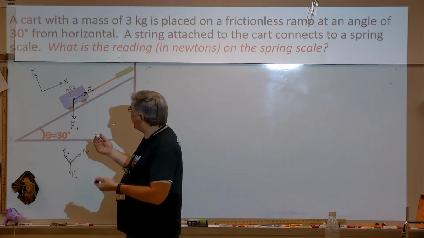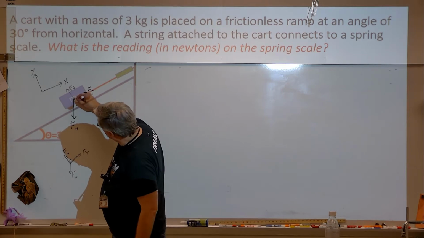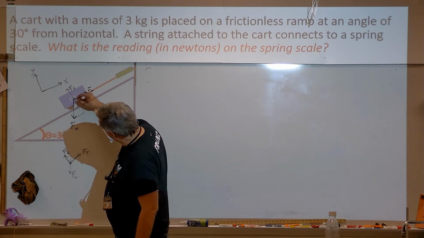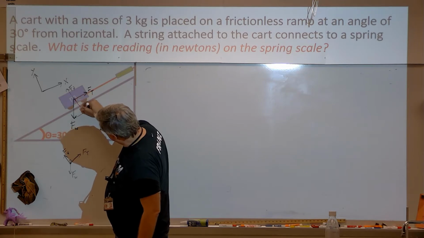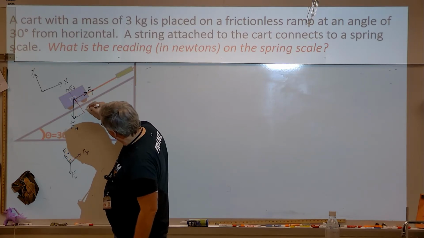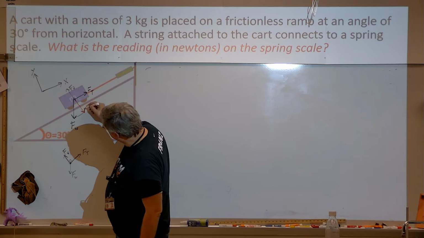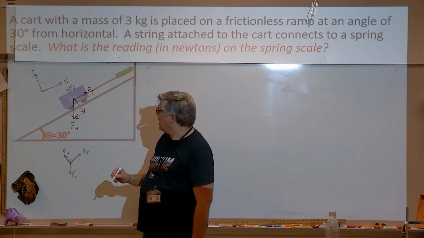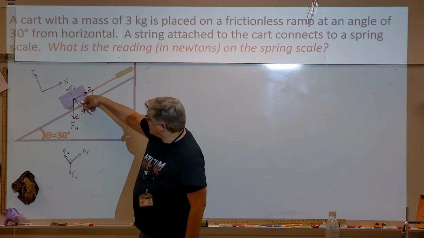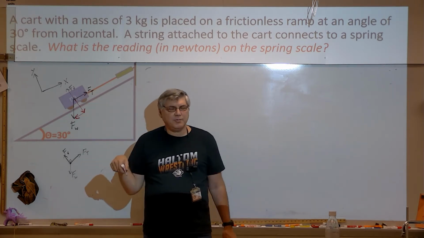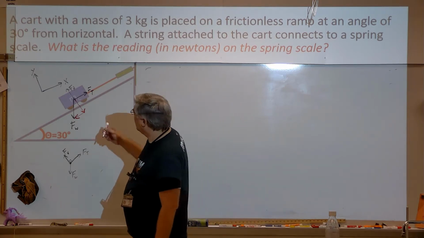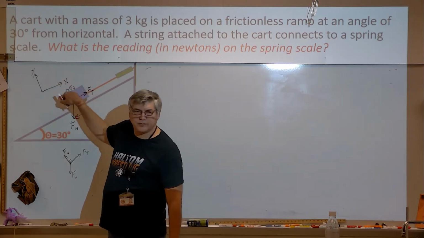So what I'm going to do is look at this as if this was a right triangle. I've got a perpendicular direction like this, and I have a parallel direction like this. So now this right here is the part of the weight that is pushing in towards the ramp, the opposite of the force normal.